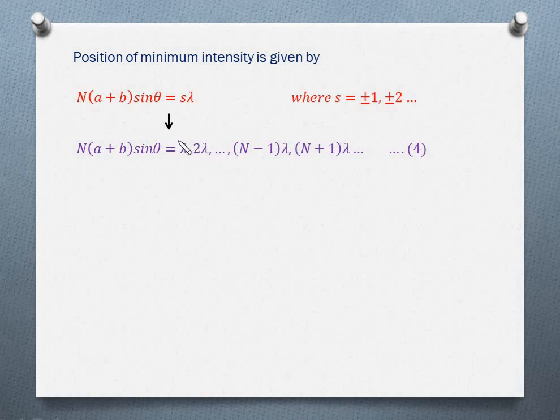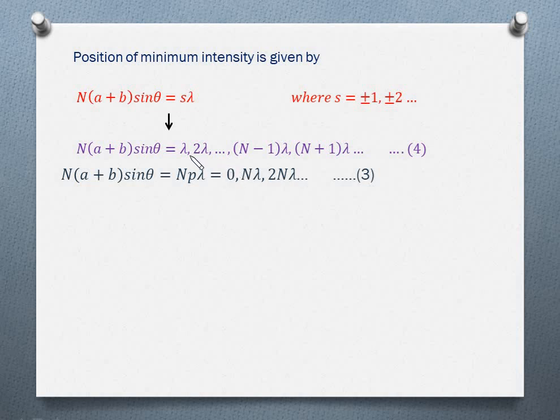So this is the zeroth order principal maxima, then these are the minima, and then here arrives the first order principal maxima, and so on.